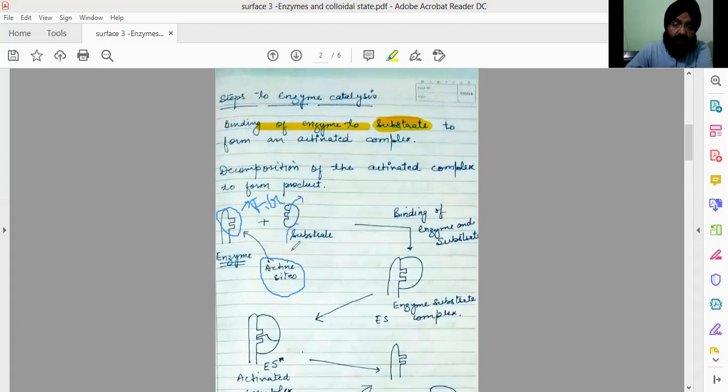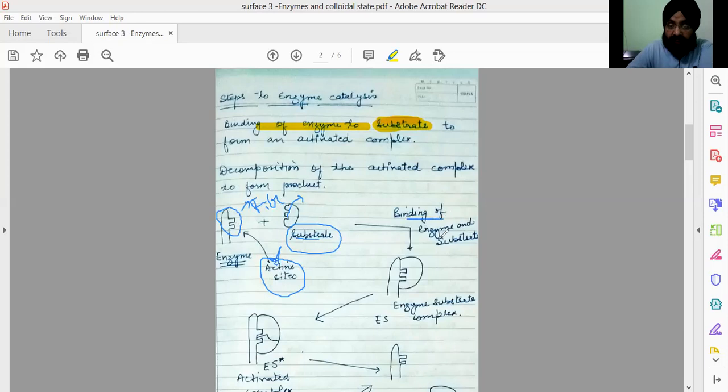Only those substrates are able to attach to an enzyme which have complementary sites to these active sites. So active sites are the functional groups which can attach to a particular molecule, particular atom. If those atoms are present on the substrate, then that substrate can attach to this enzyme.